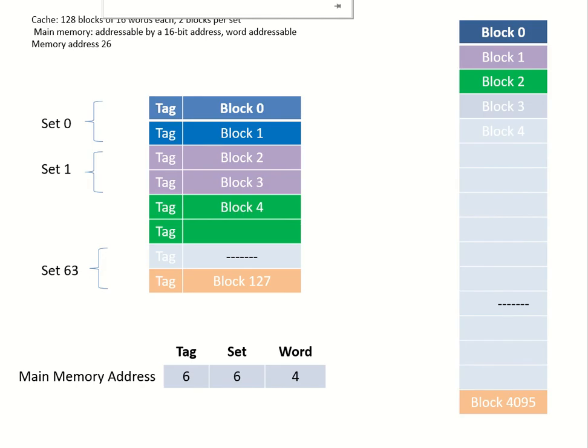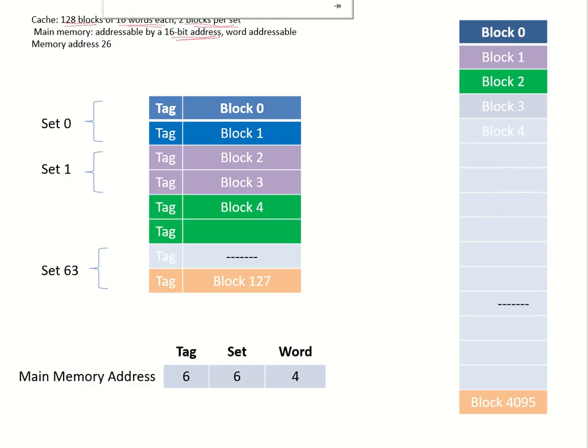How is a main memory address interpreted in set associative mapping? Suppose we have a 16-bit address, 128 cache blocks, each cache block has 16 words, and each set has 2 blocks. That means this is two-way set associative. If there were 4 blocks per set, we would say it is 4-way set associative.